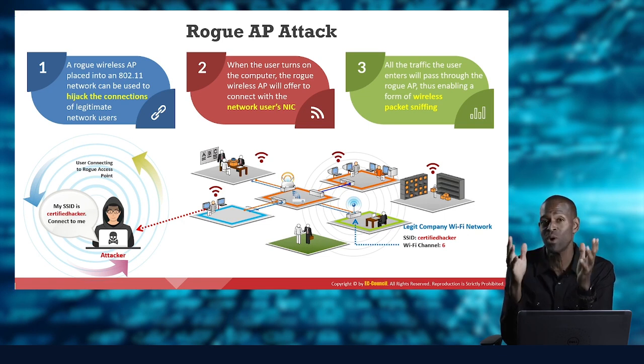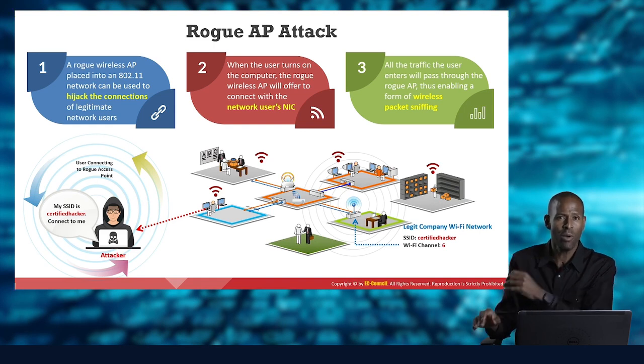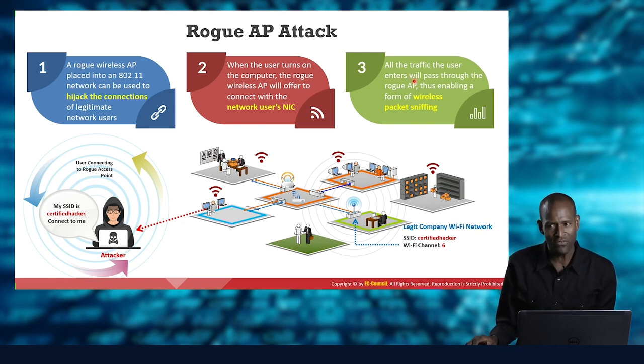It's an attacker. This is one of the first major ways that attackers attack Wi-Fi, is by setting up rogue access points. And so they have a rogue AP to hijack connections, steal information. They do wireless packet sniffing by setting up that rogue attack. And it's so easy. It's unbelievable how easy it is to set up a rogue access point.